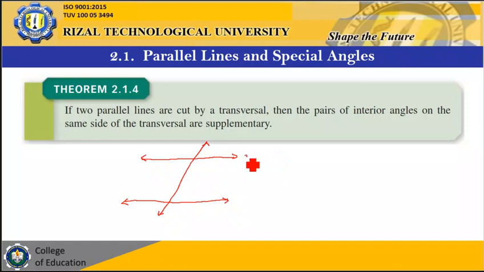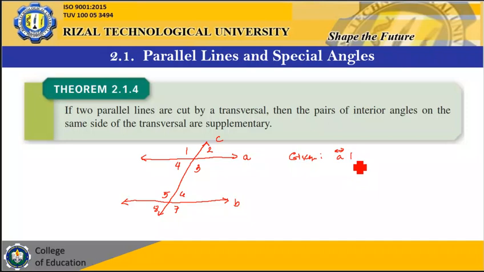And let's name this one line A, this one line B, and this one line C as our transversal. And let's name the angles as angle 1, 2, 3, 4, 5, 6, 7, 8. Given, let's write our given again.